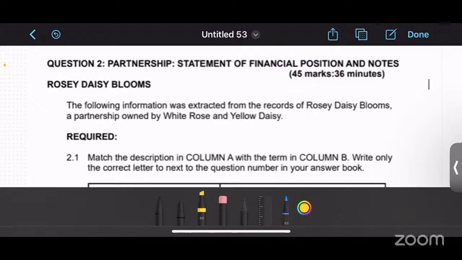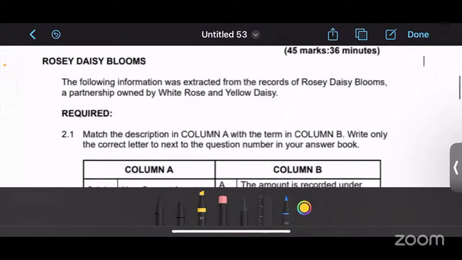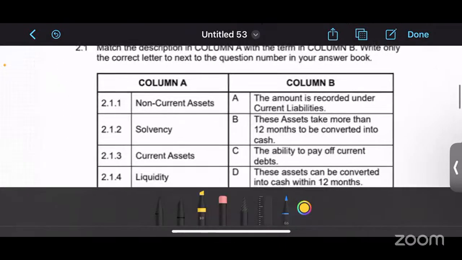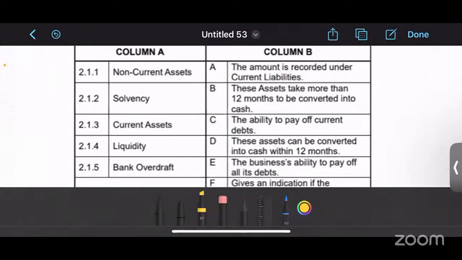Required: match the description in column A with the term in column B. Write only the correct letter. The first one is non-current asset. Which term best describes non-current asset in column B? A, the amount is recorded under current liabilities.